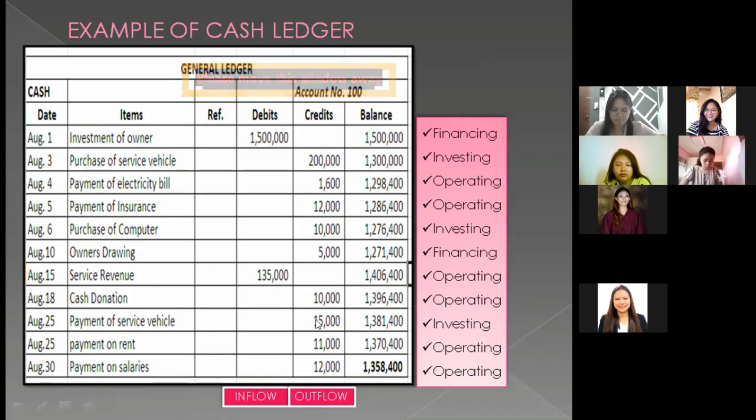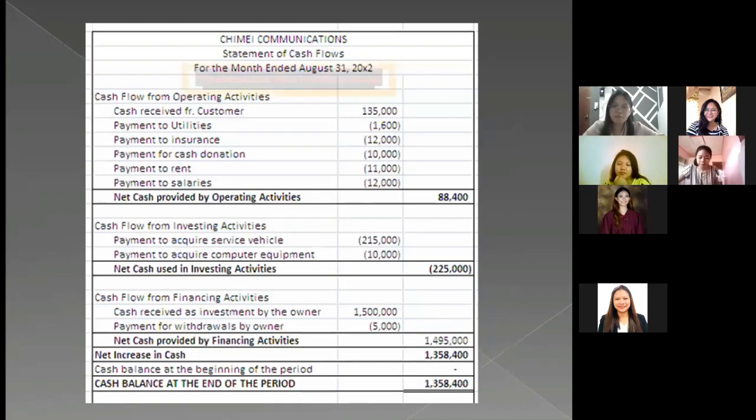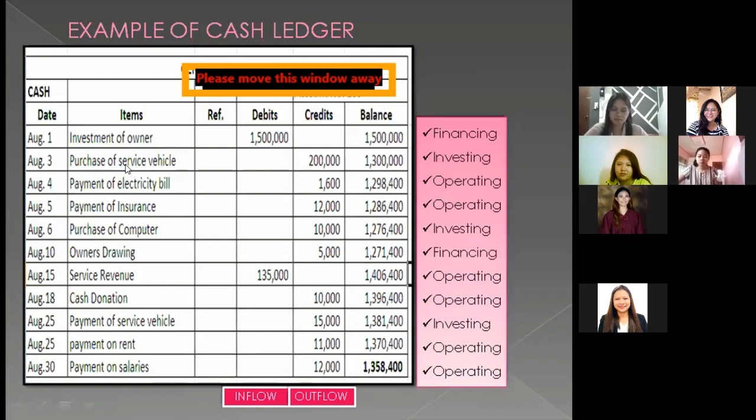So, lagay na natin sa statement of cash flow. So, ayan, cash flow from investing activities. Payment to acquire service vehicle. Kaya naging 215 yan kasi pinagsama ko na yung purchase of service vehicle na 200.